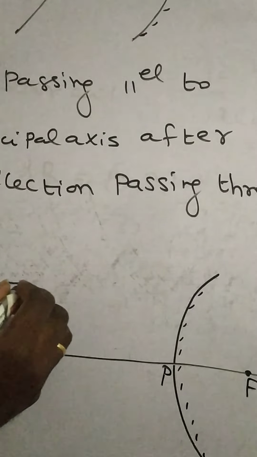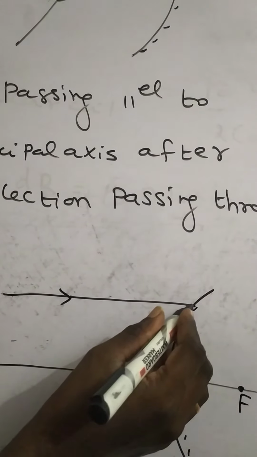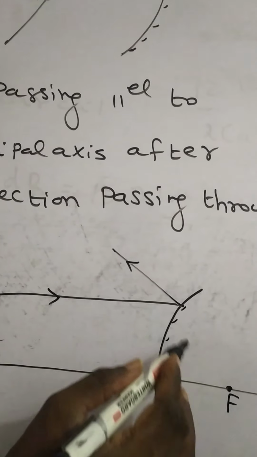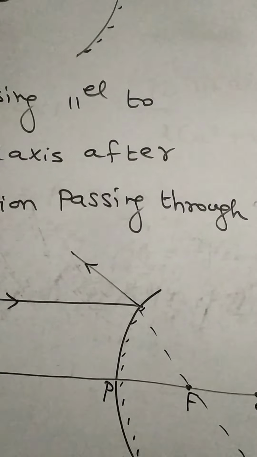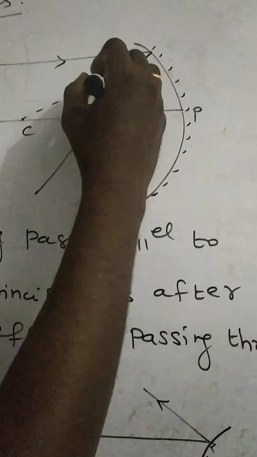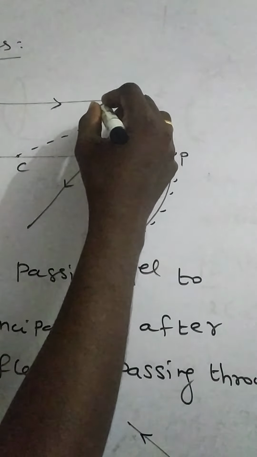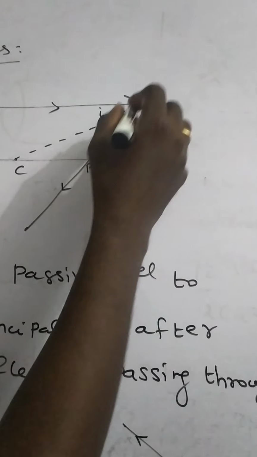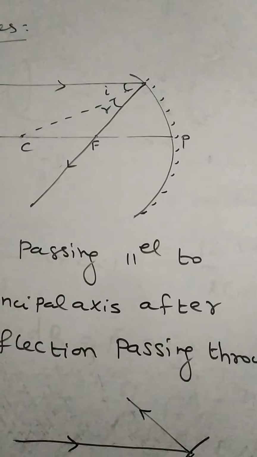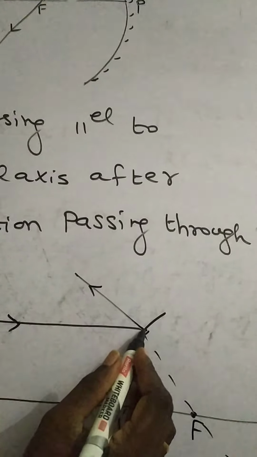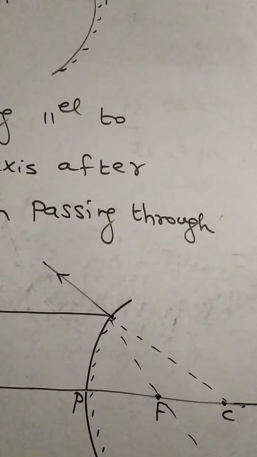So a ray passing parallel to the principal axis, after the reflection, passes through the focus. We draw the normal line from the center of curvature. The angle between the incident ray and the normal line is i. The angle between the reflected ray and the normal line is r.